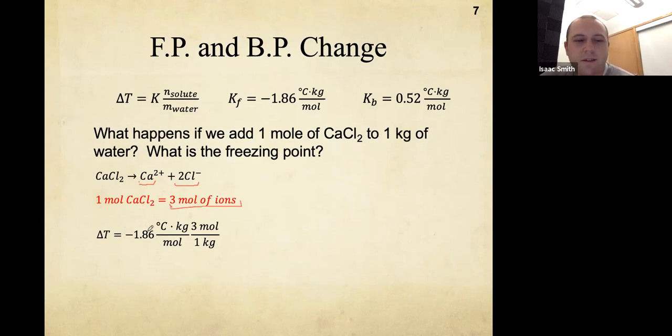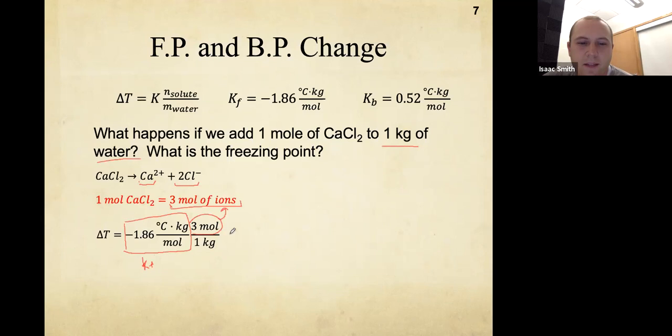So our delta T is going to be K, which is this number right here. This is Kf because we're talking about the freezing point. That's what the F is for. And then you have the moles of solute, which is the moles of the ions, over the mass of the water, which is 1 kilogram.